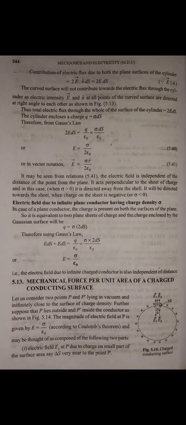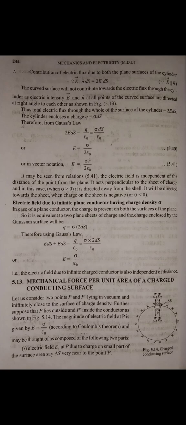Therefore, using Gauss law, E dot ds plus E dot ds is equal to Q upon epsilon naught, which is equal to sigma into 2 ds upon epsilon naught, or E is equal to sigma upon epsilon naught. The electric field due to an infinite charged conductor is also independent of distance.